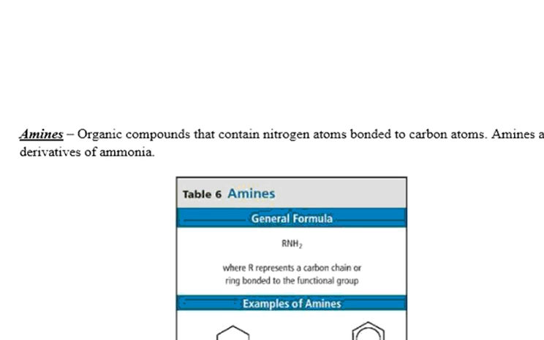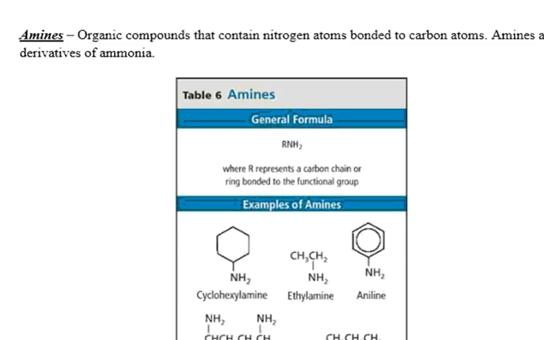The third group we're going to look at today are called the amines, organic compounds that contain nitrogen atoms bonded to carbon atoms. Amines are derivatives of ammonia, which is NH3. So usually we will find that at the end of a carbon atom or somewhere on a carbon atom, since it's a derivative of NH3, we will find NH2 somehow.